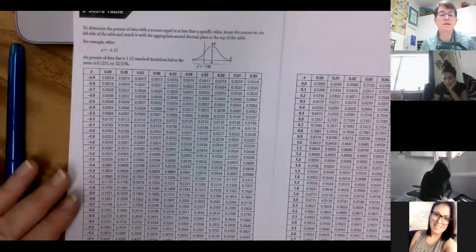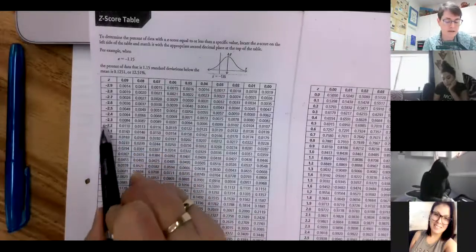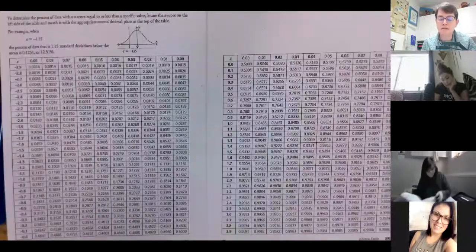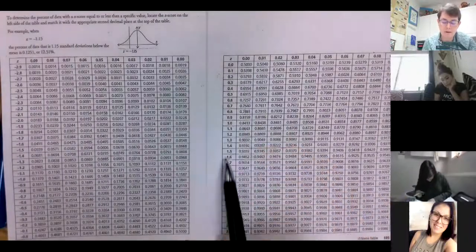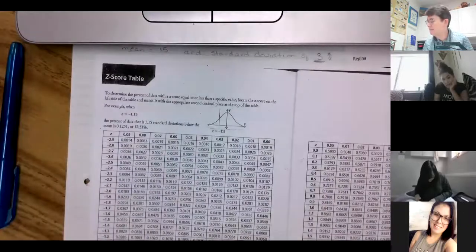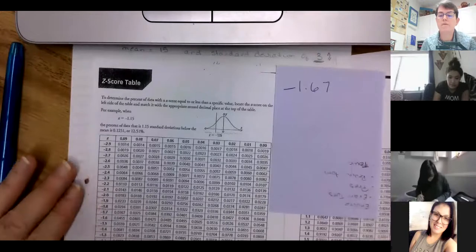So the first thing to notice on this chart, there's 2 halves. The left-hand side talks about your Z-score. These ones are all negative. And if I move it so you can see the right-hand side, these ones are all positive. So we were looking up negative 1.67.